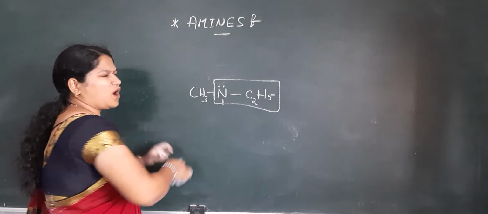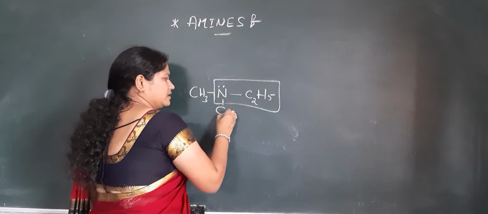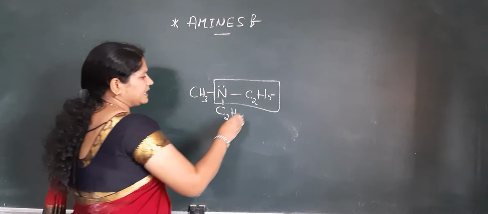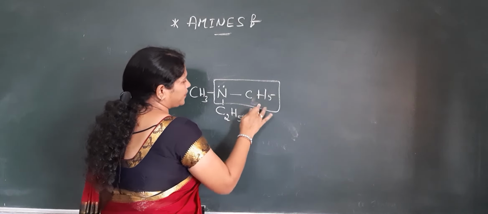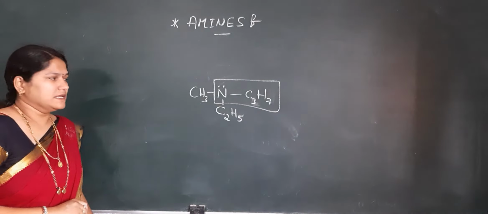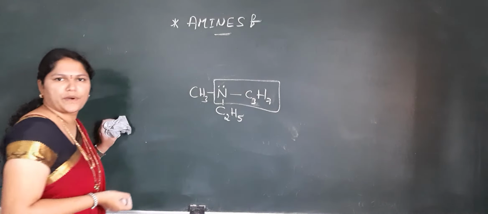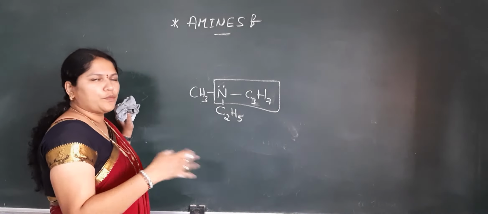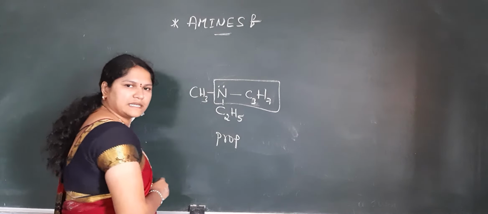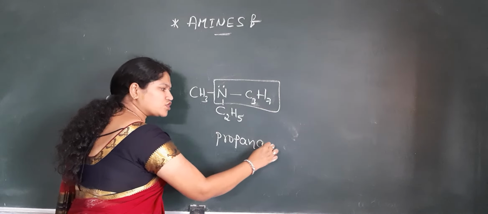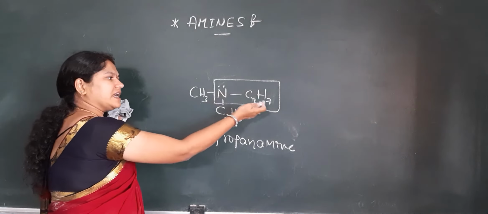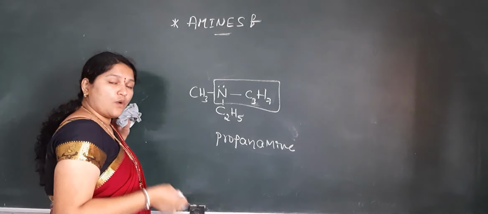Now let me complicate it now. C2H5. So we have represented the N. What is remaining?